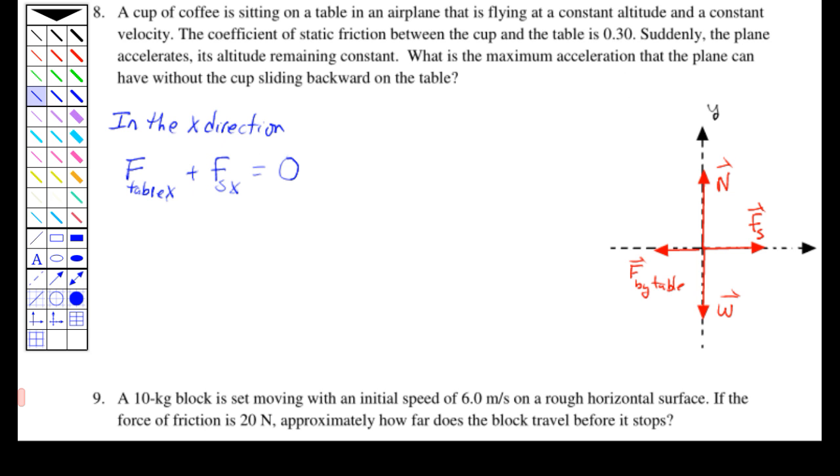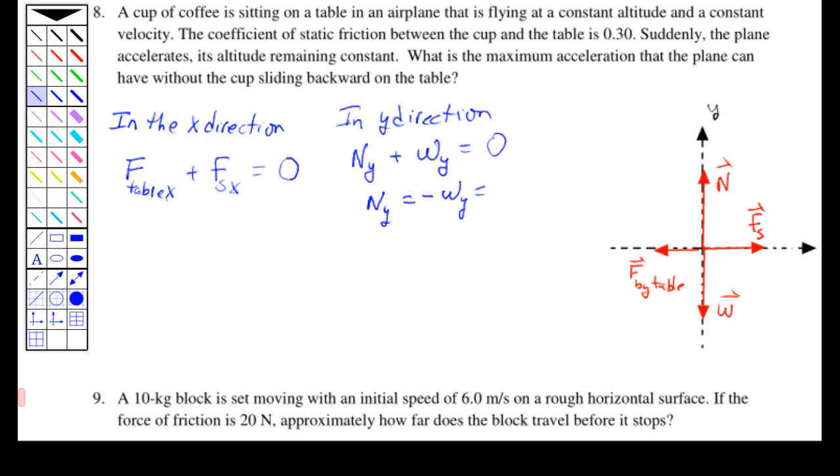Okay, let's write down a similar equation for the y direction. In the y direction, we just have the y component of the normal force plus the y component of the weight. And again, this cup is not moving up or down, so we know its acceleration in the y direction is 0. And there we have two nice equations. So let's deal with the y equation first. We can solve for the y component of the normal force. It's just equal to the negative of the weight in the y direction.